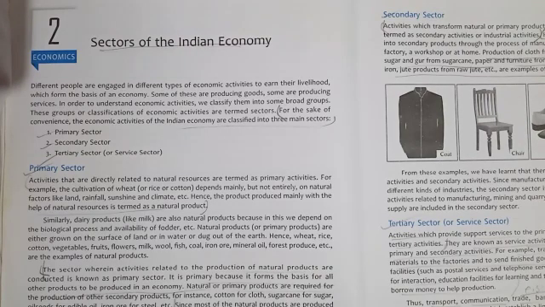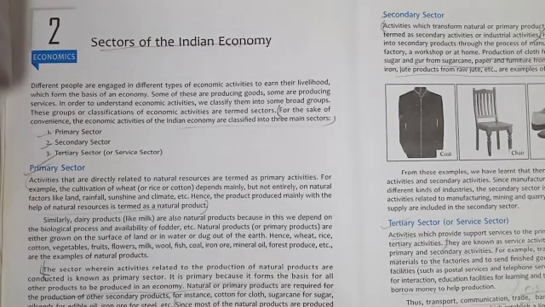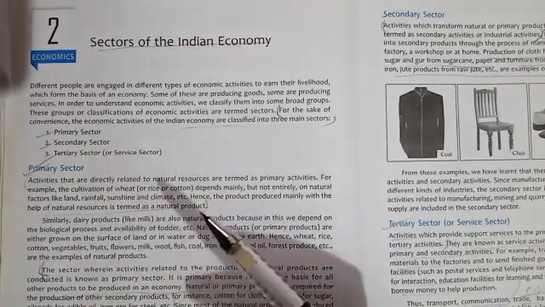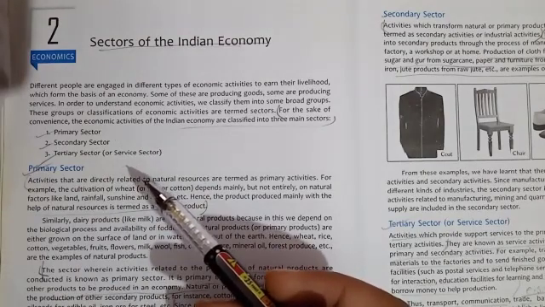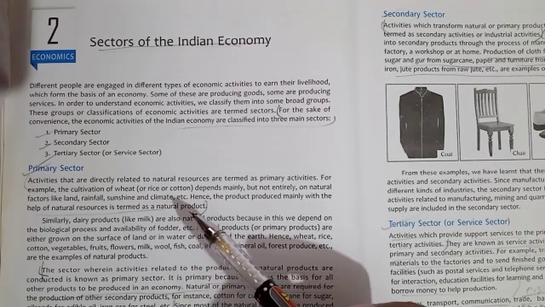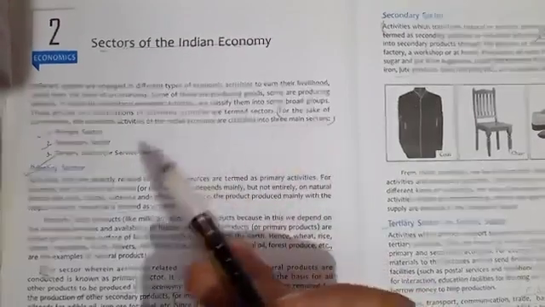Now, the chapter name is Sector of the Indian Economy. You have understood sector. Now the Indian economy: basically, in the Indian economy there are different types of sectors. This is what you have to study. What I told you in the previous video is that different occupations are present in different types of sectors, and these occupations can be divided into three important sectors.